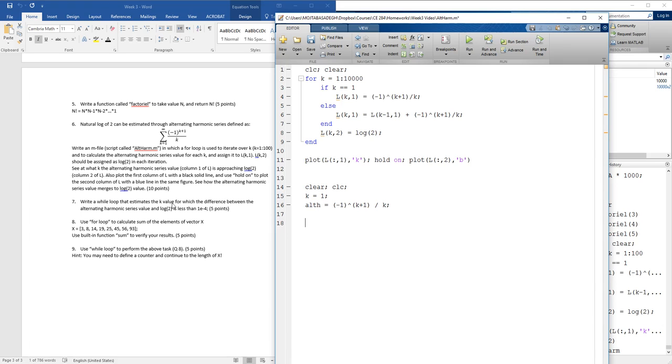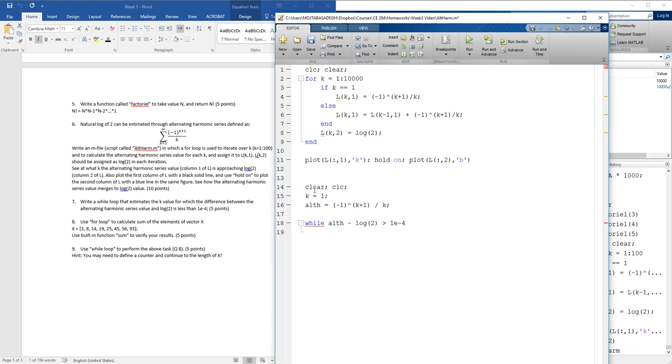Then the issue is, while the difference between this alt h, which is basically the summation of all the elements, and log of 2 is more than 1e negative 4, we want this to keep running. The moment that the difference between the two becomes less, it should stop. There is an issue here which I'll get back to in just a second.